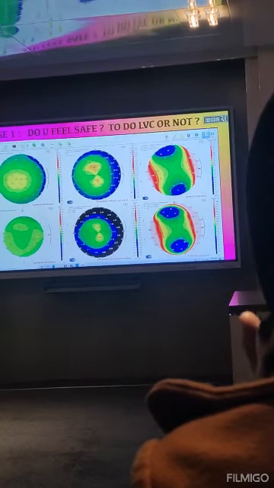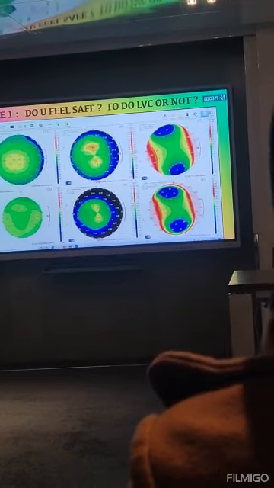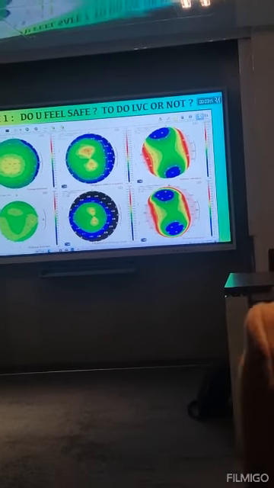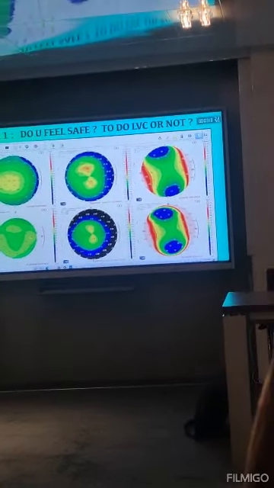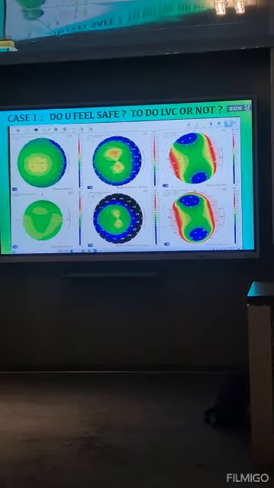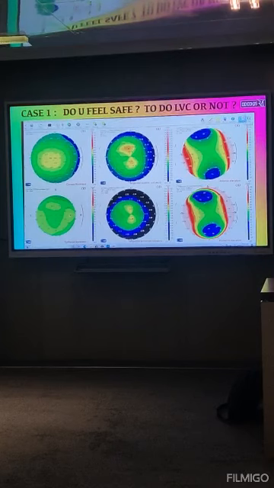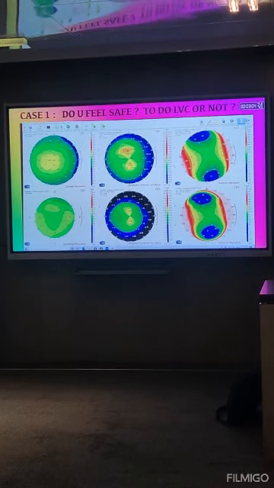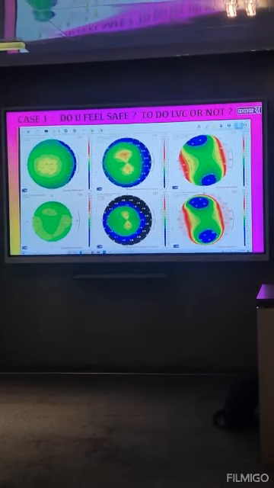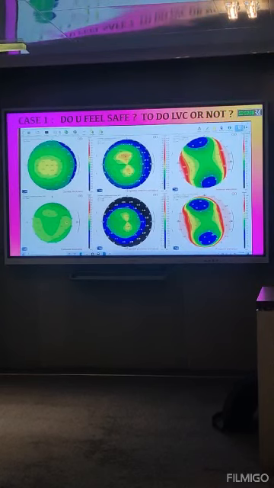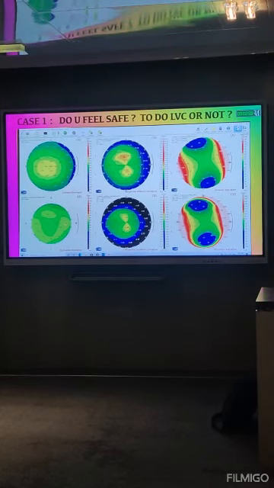The thinnest is around 460 microns, with a little bit of superior steepness and discrepancy. Does it have any sort of opacity in the superior area? No, just some hypertrophy of the epithelium. This patient has extensive superior corneal changes.